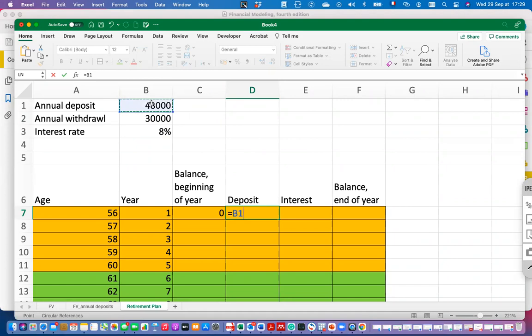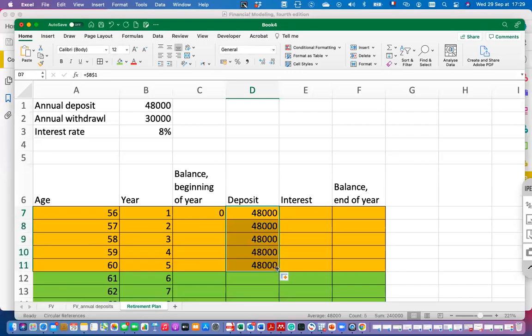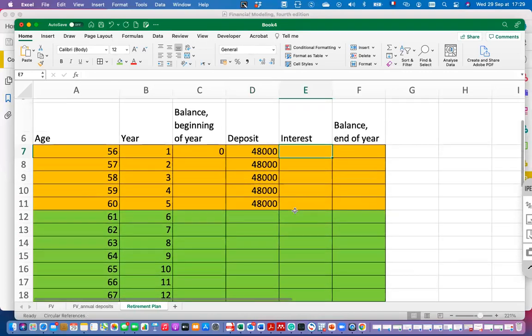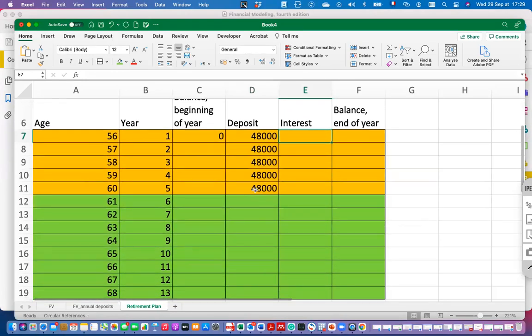Since it is a constant annual deposit, don't forget the dollar sign. And you make this same deposit during 5 years, until the final year, just until the year 60.